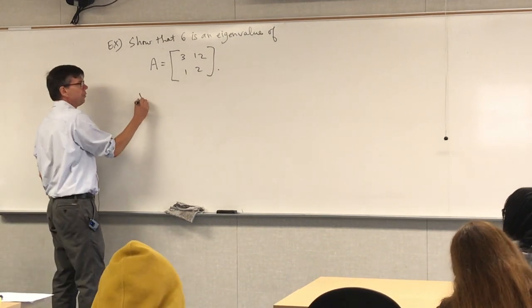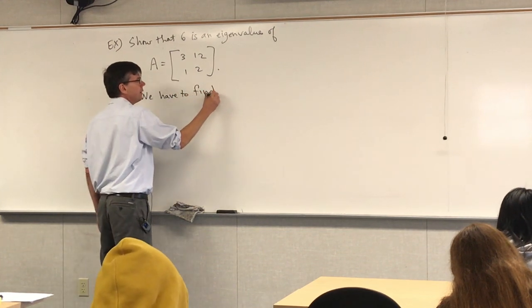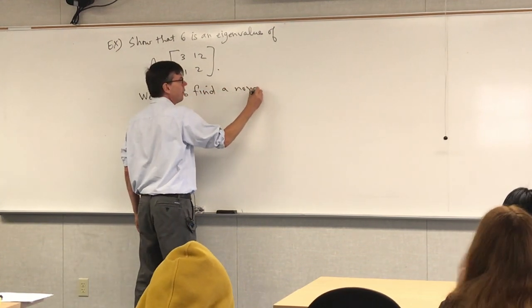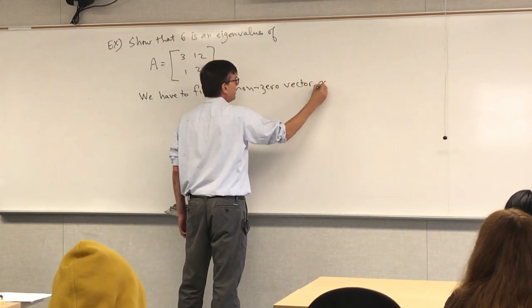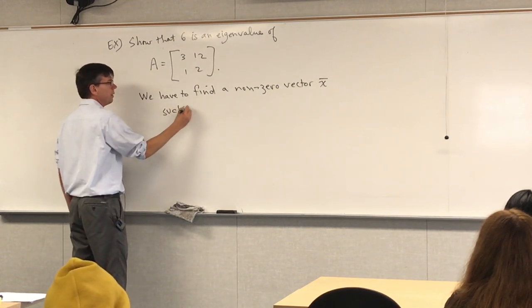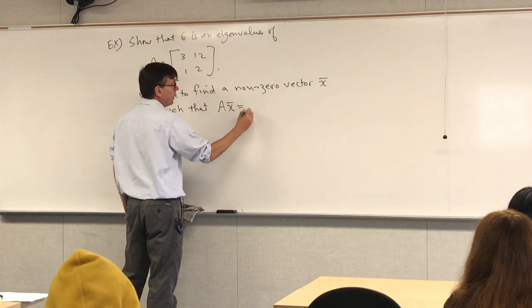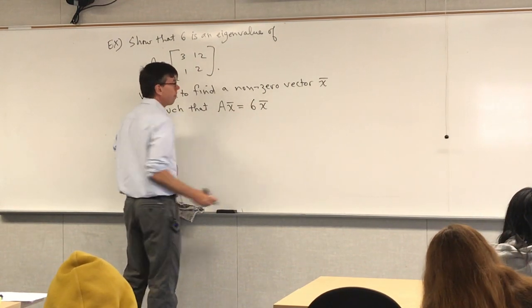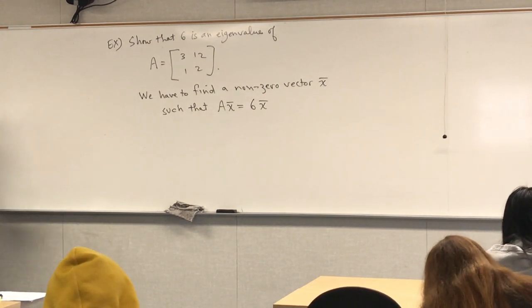So what we have to do is find a non-zero vector x such that Ax is equal to 6x. Okay. That's what it would mean.